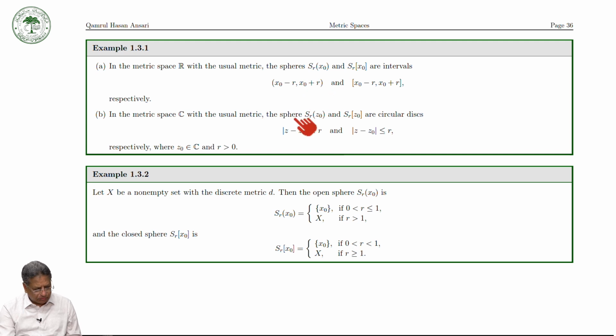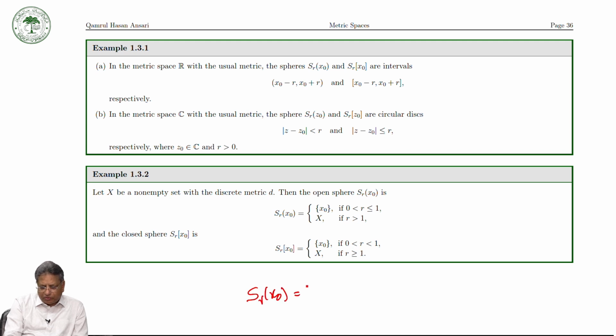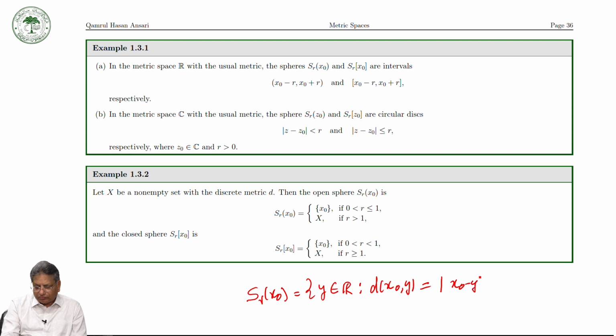How will we get this? Look here, I can show you. We write S_r(x0) as the set of all points y in R such that, keeping in mind the usual metric, d(x0, y), which is equal to |x0 - y|, is strictly less than r.